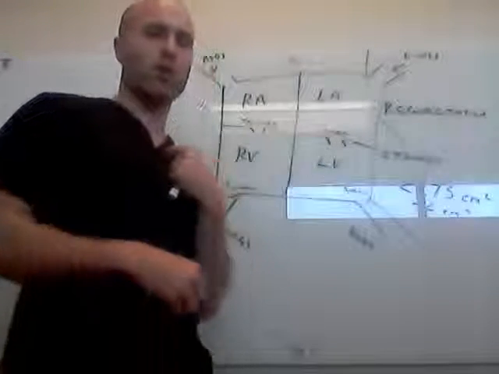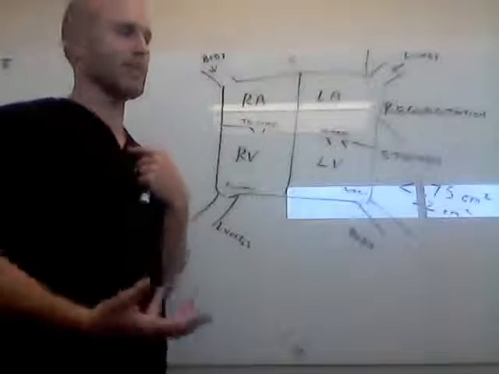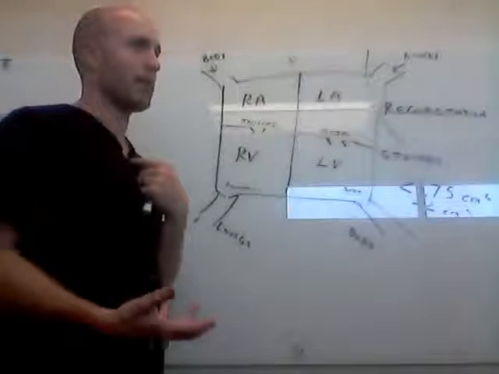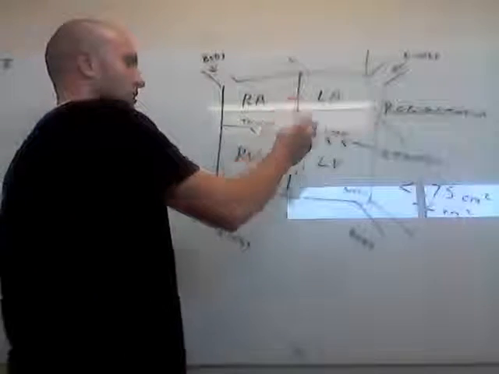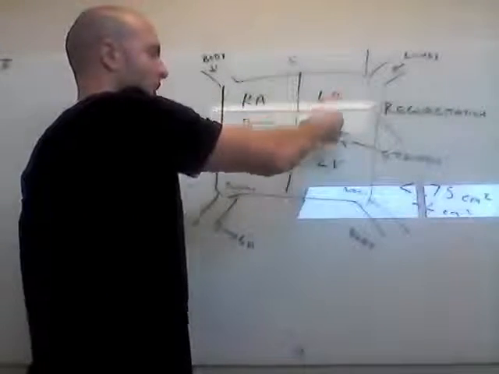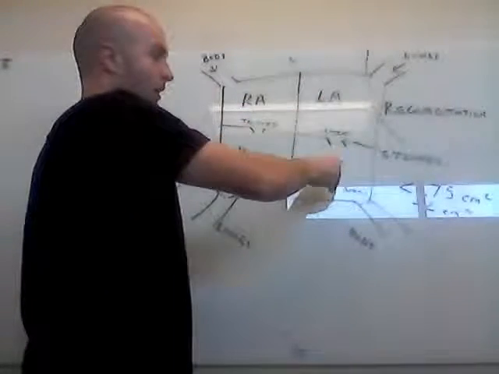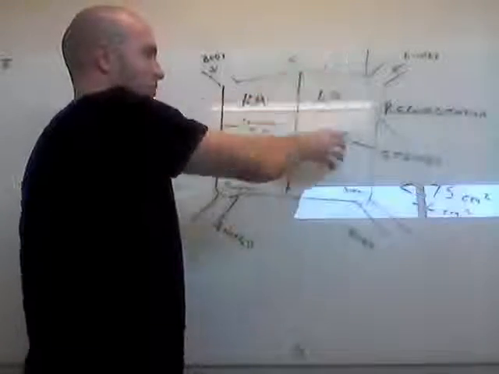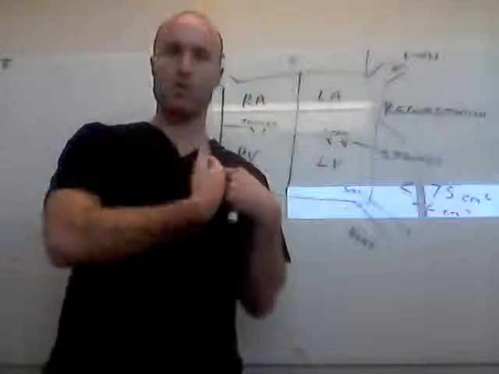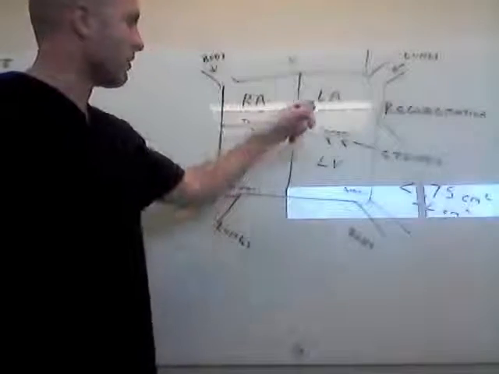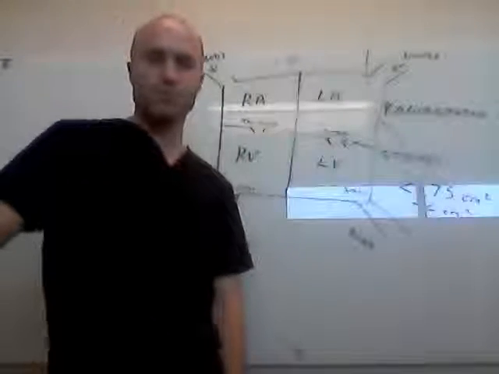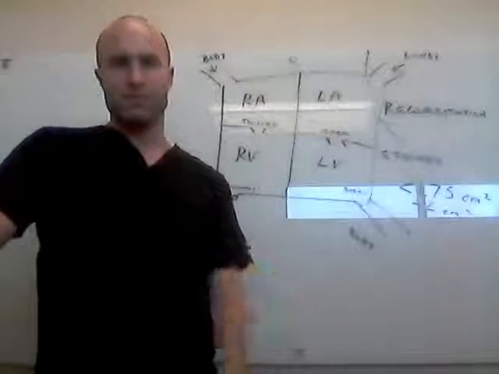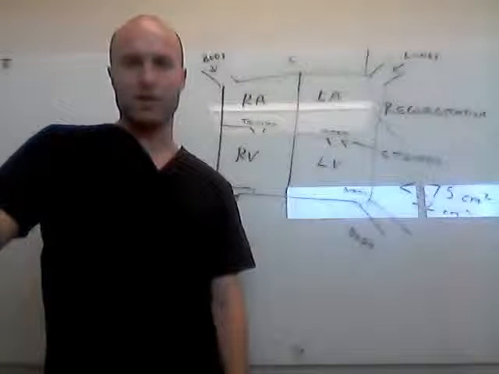So it occurs early in diastole, and remember diastole is when the ventricle is relaxed, so blood is flowing through here. So it's going to happen early on, and it's going to be along this left sternal border, which makes sense because that's where this part of the heart would be. So you hear it over there, and it happens early on in diastole.